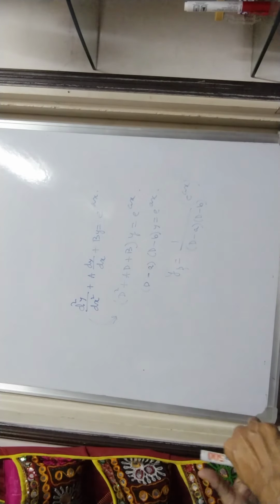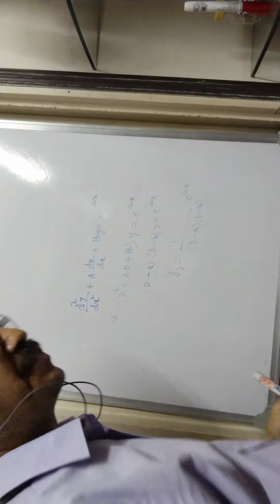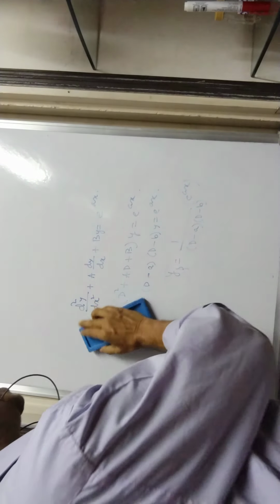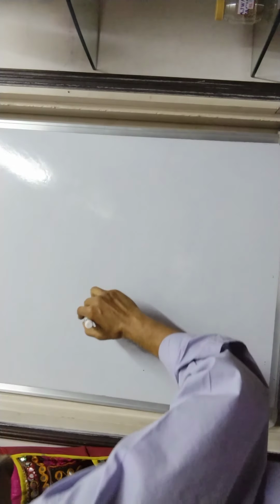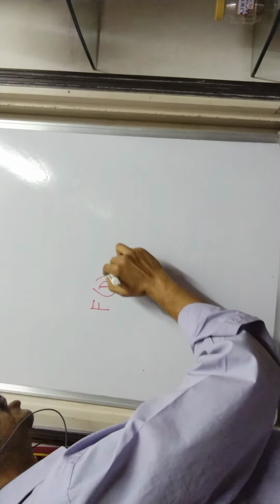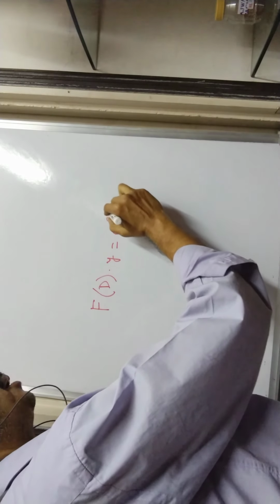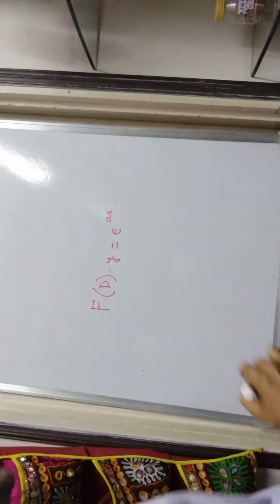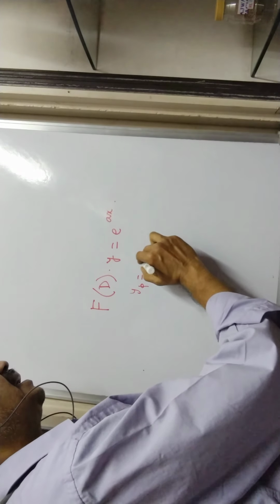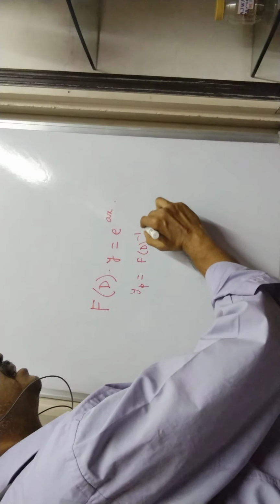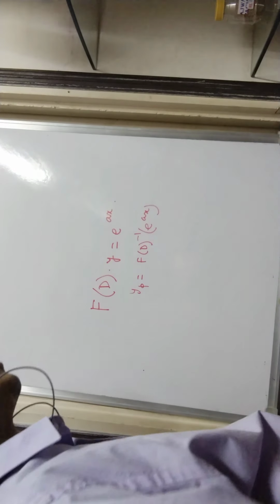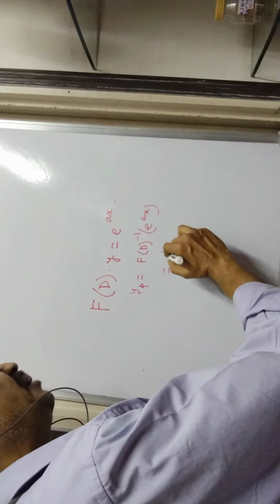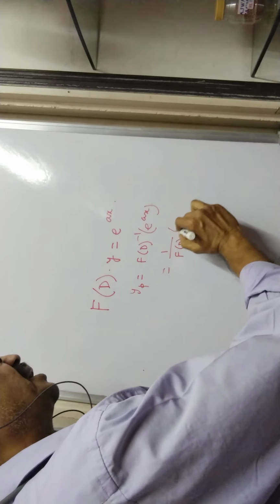So to find the value of particular integral, we would like to illustrate that if we write this equation as the operator f(D) operating on y giving e to the power x, then yp is nothing but f(D) inverse operated on e to the power x, or 1 by f(D) operated on e to the power x.